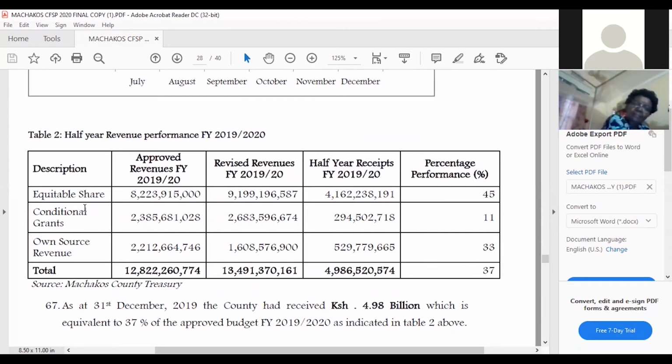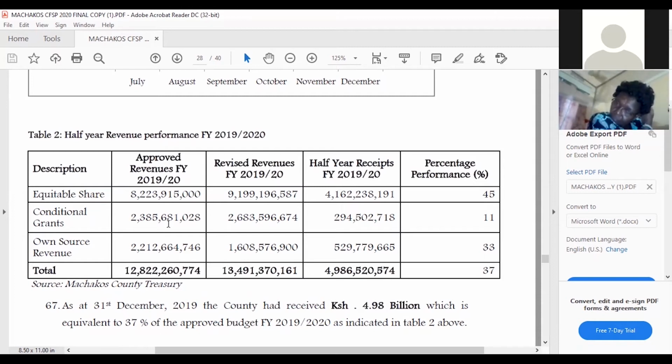That is why it says conditional grants. Those ones usually go to the agricultural sector, as well as the Kenya Devolution Support Program, and there were also the ones for health.